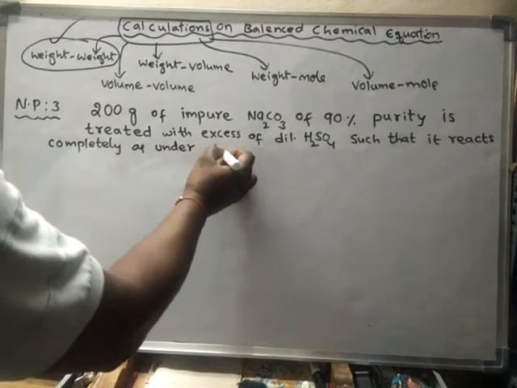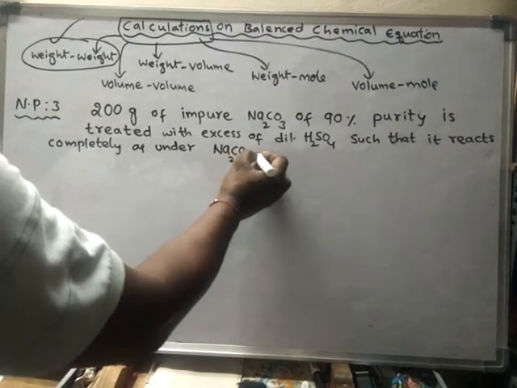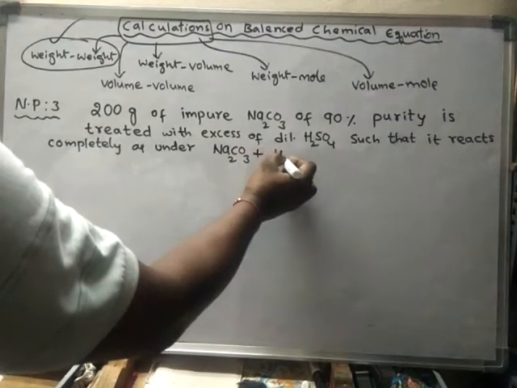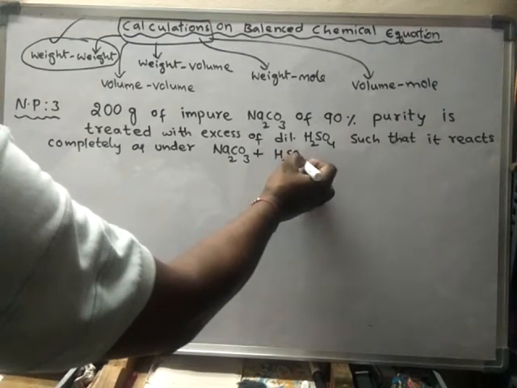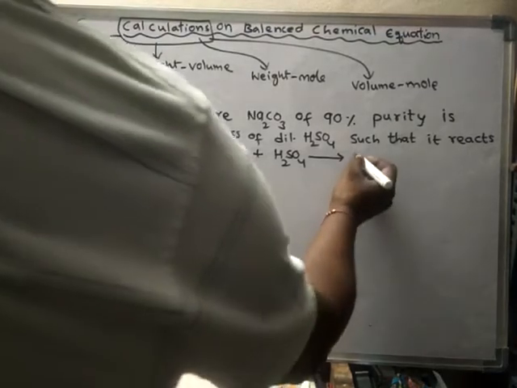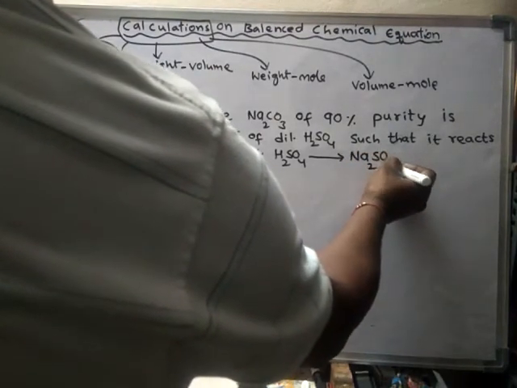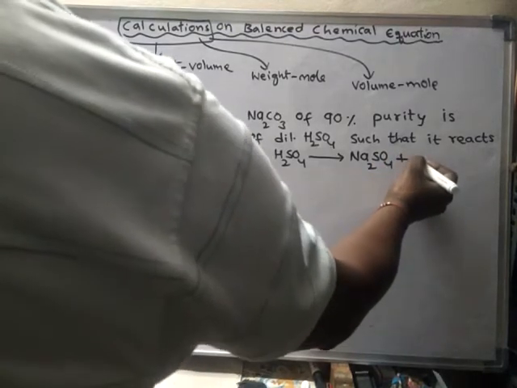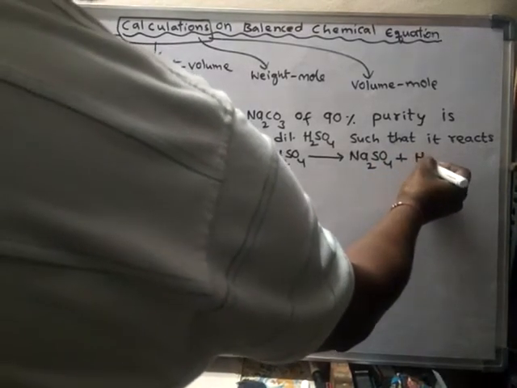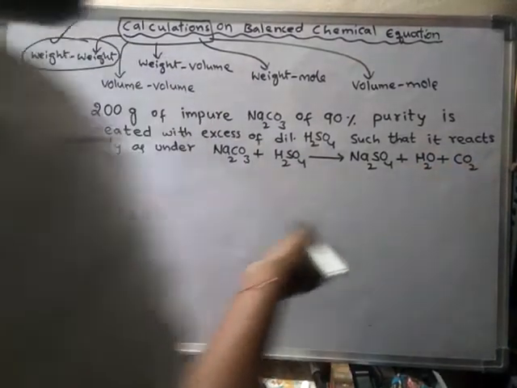What is that equation? Sodium carbonate reacts with dilute sulfuric acid to form sodium sulfate as one of the products. Along with sodium sulfate, water is formed and carbon dioxide is also liberated.